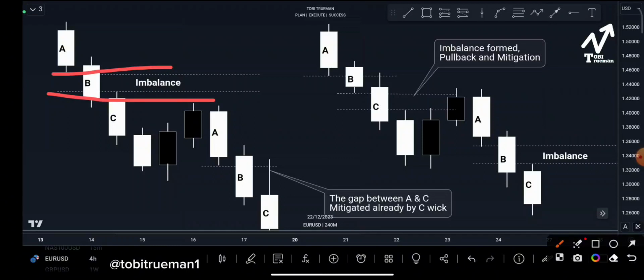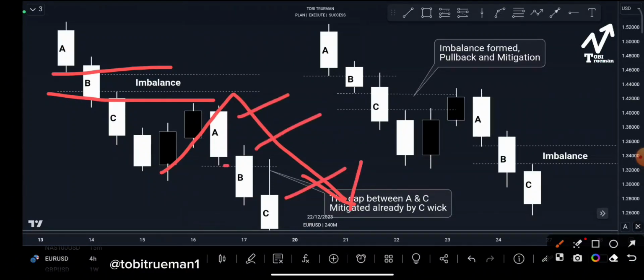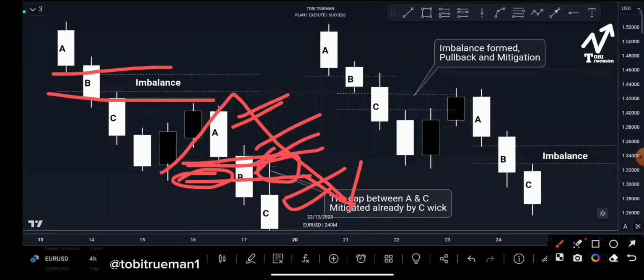You can also see candles after this pullback, when price was coming down again, there's candle A, candle B, and candle C. But when you look at the down wick of candle A, you see the wick of candle C. Now it has already gone up to mitigate the wick of candle A, meaning that after candle A formed, candle B formed, before candle C finished forming, it had already closed any gap between candle A and candle C. I hope I'm not confusing.